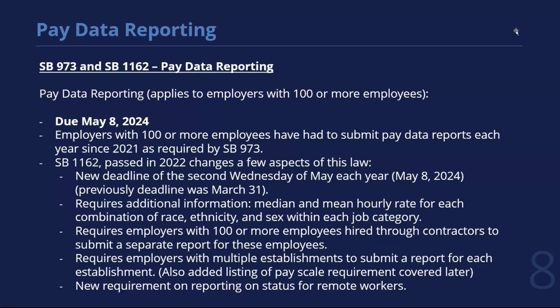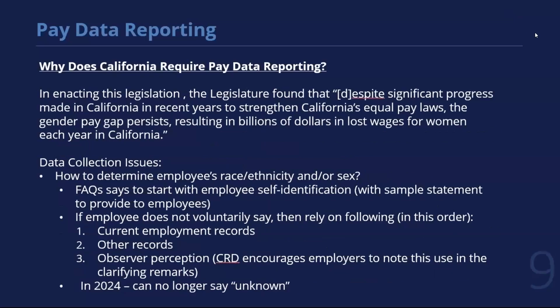We'll be discussing that. And also for 2024, there's a new requirement on reporting the status for remote workers. If you have workers that are not routinely required to report to the office or one location. So those are some of the new issues that employers have to report here in 2024.